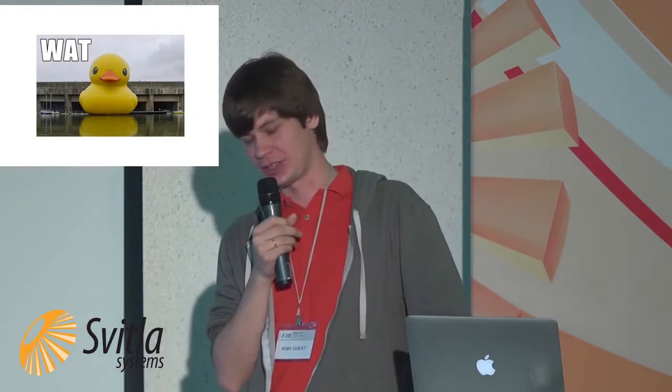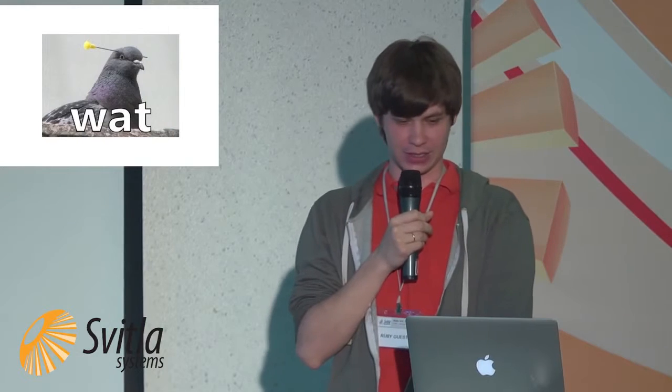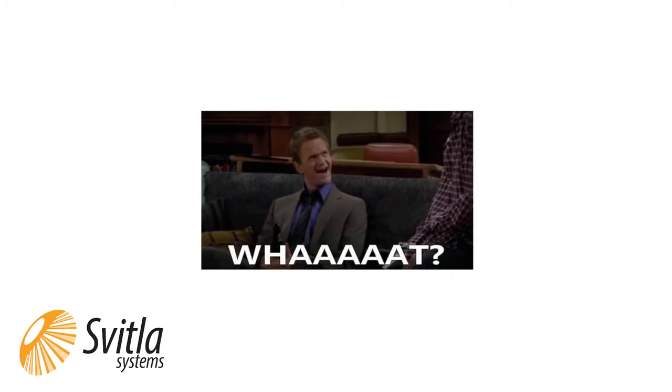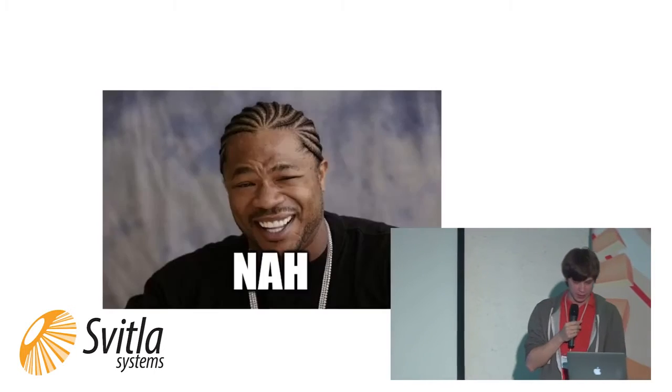Use less Ruby, right? Ben just told you, if you want fast, use less Ruby, use less Rails. Several stuff about these 7 seconds, you remember? And what's the problem of putting 100 objects into the database?